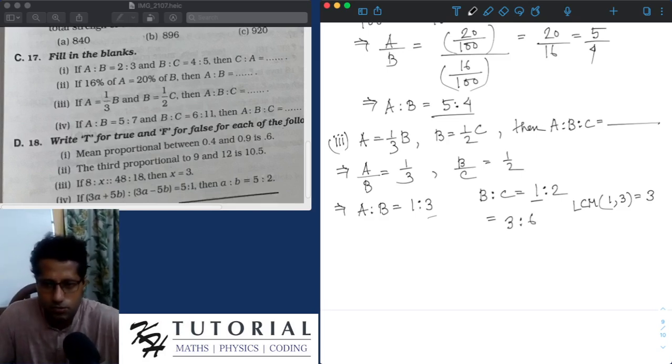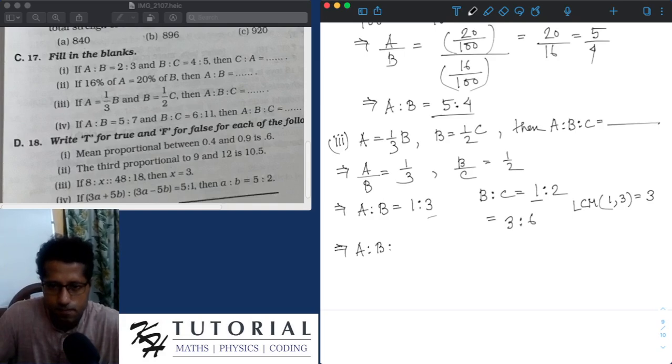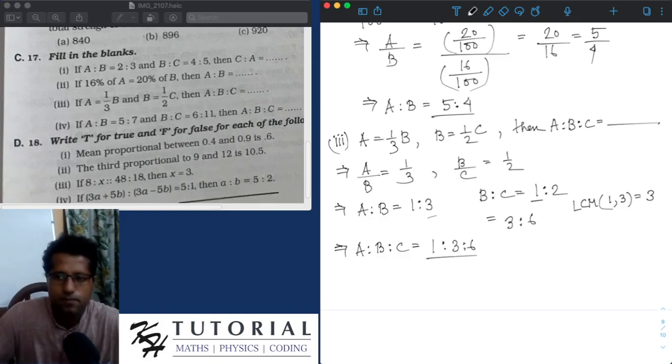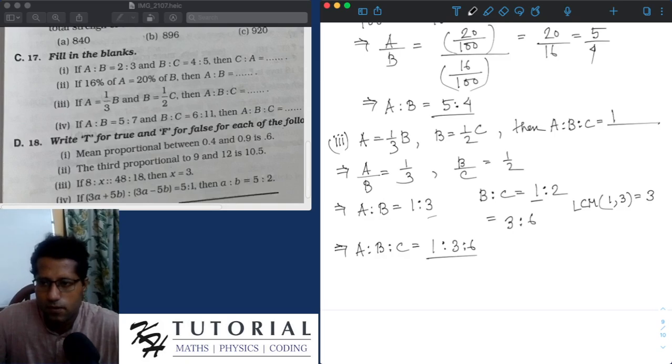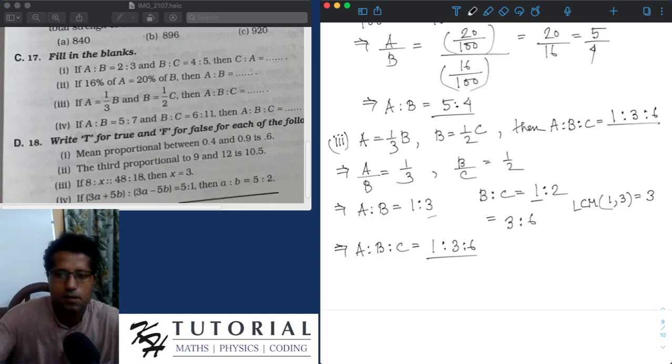So now we have A is to B equals 1 is to 3 and B is to C equals 3 is to 6. This implies that A is to B is to C equals 1 is to 3 is to 6. So 1 is to 3 is to 6 is the answer.